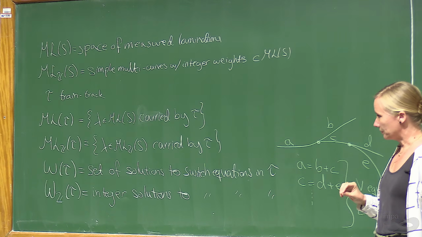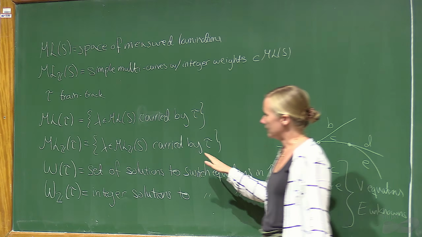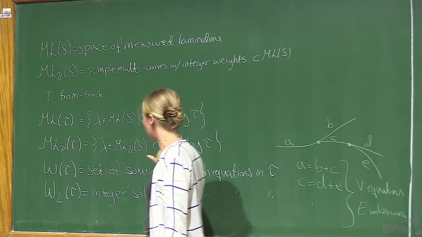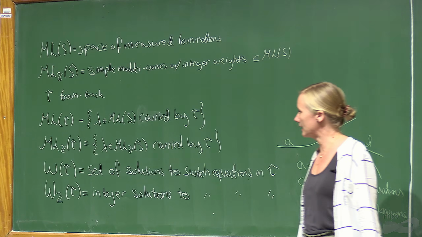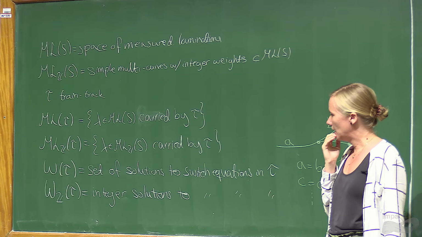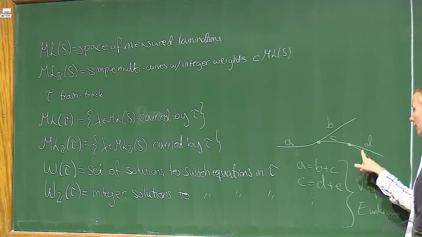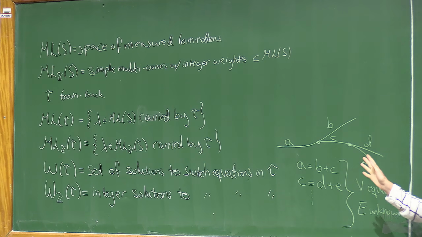So those are ML of tau, where tau is the train track, and the subset of ML_Z that's carried by it is ML_Z of tau. Then given a train track, you can put weights on the edges, positive real numbers.